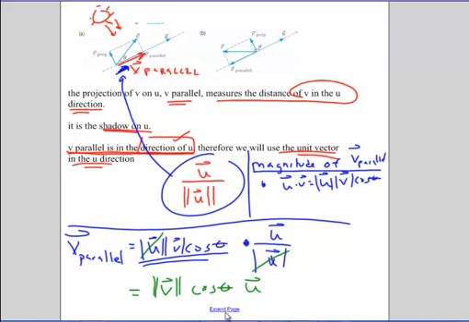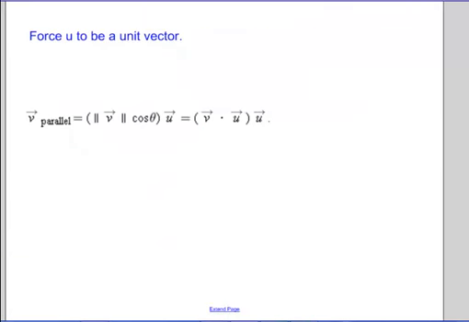So that's a vector that's in the U direction that is the projection of V onto U. So we have that rewritten again here, just that V parallel, and this is what we just derived.